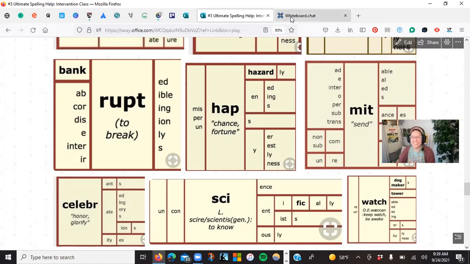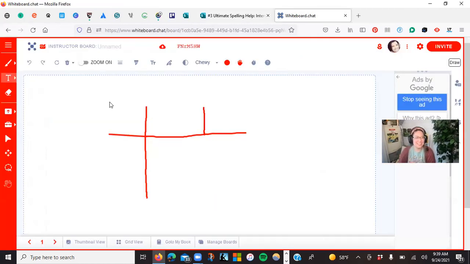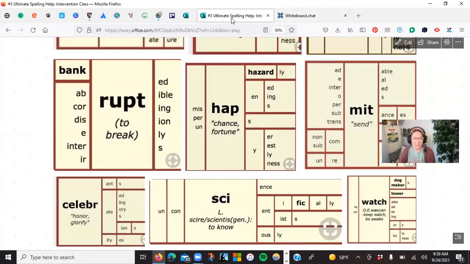Okay, so let's do the HAP right here. Let me write the text. I actually do use this a good bit, I promise. HAP, and we're going to write the meaning below, and it was something about fortune. I can't remember what the first word was, chance or fortune.